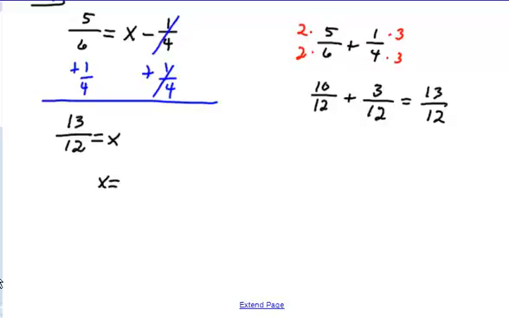I wanted to kill anything with that x. I wanted x by itself on one side. So to get rid of that, that's why I chose 1/4. Very good question. So it was equal to 5/6. And see how when I canceled the 1/4, now on the right I have x alone? That was my overall objective. And then it gave me the 13/12 on the other side. Very good question.